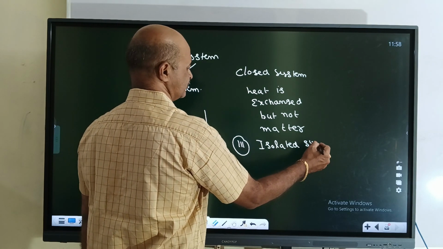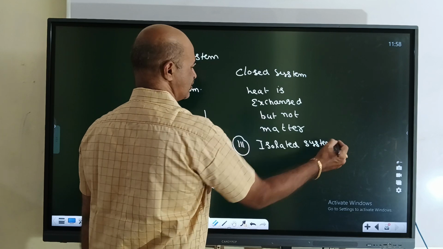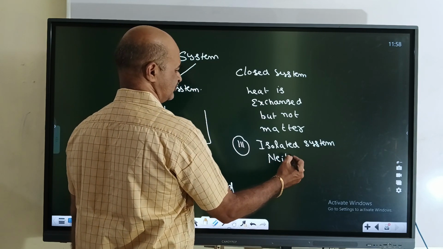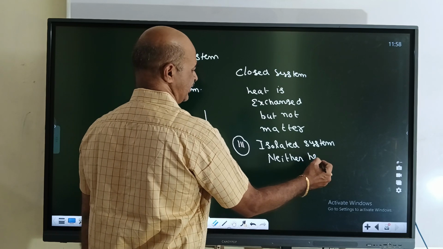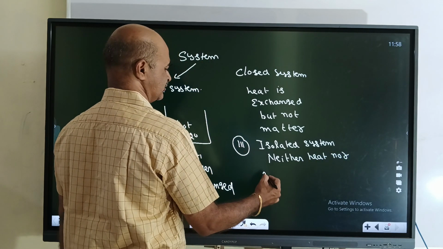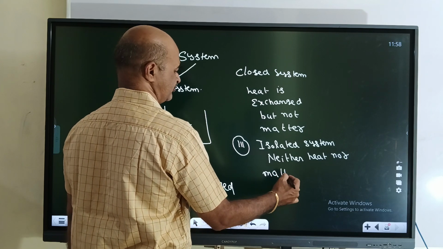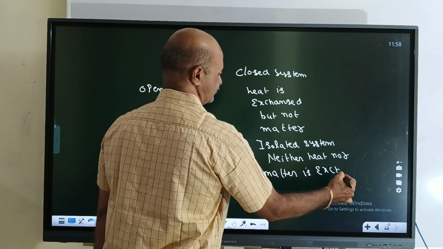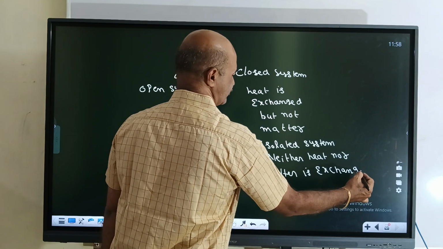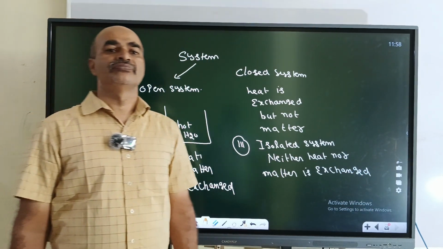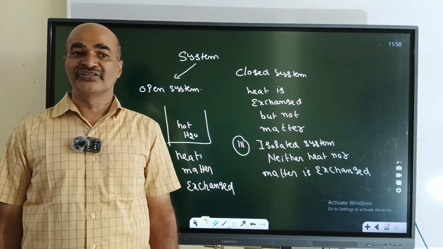What is an isolated system? Neither heat nor matter is exchanged between system and surroundings.